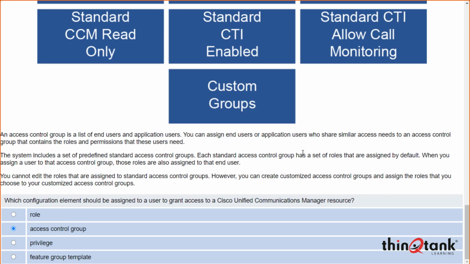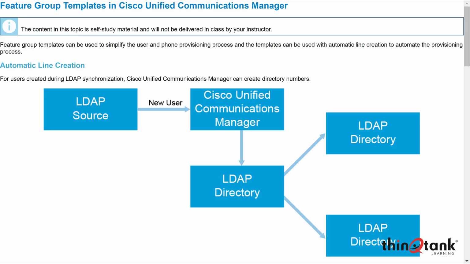All right, the next topic we're going to talk about is feature group templates in Call Manager. The feature group template gives us the ability to provision and deploy our end users with their specific phones and their phone lines. These feature group templates give us the ability to assign common phone configuration elements, phone line configuration components, as well as different service settings to all the users that are assigned to that particular feature group template.